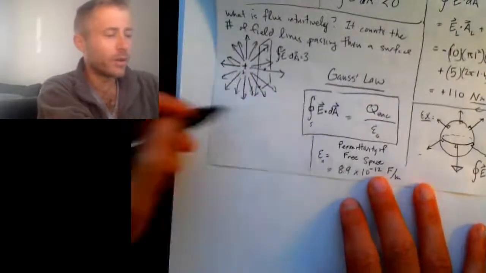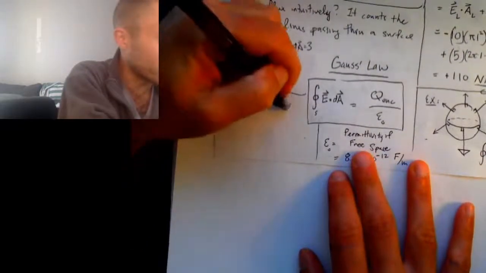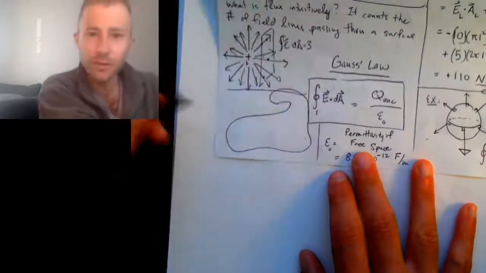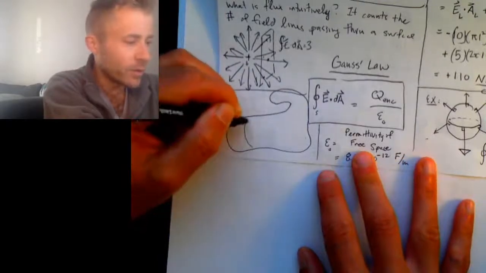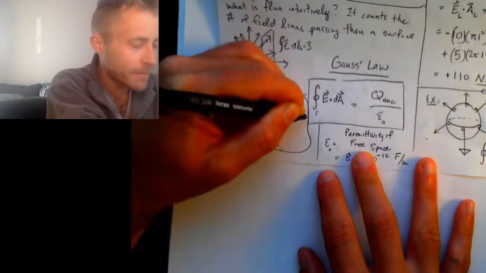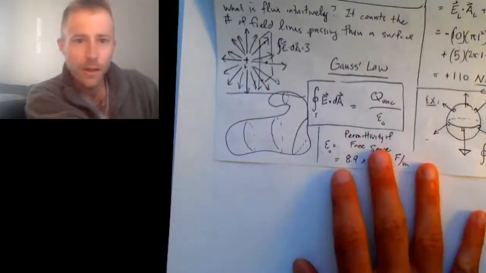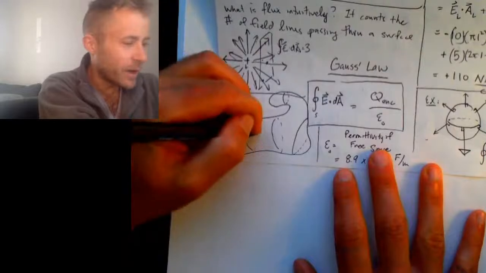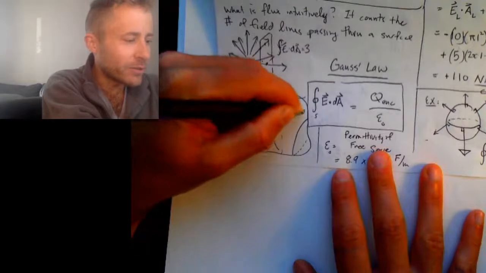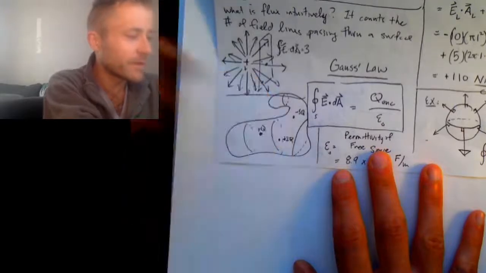Okay, so let's see how would that work. What if I had some really weird surface? Okay, so it's some weird closed surface like that, okay? And what if inside it I have a plus q charge and I have a minus 5q charge and I have a plus 2q charge, okay?